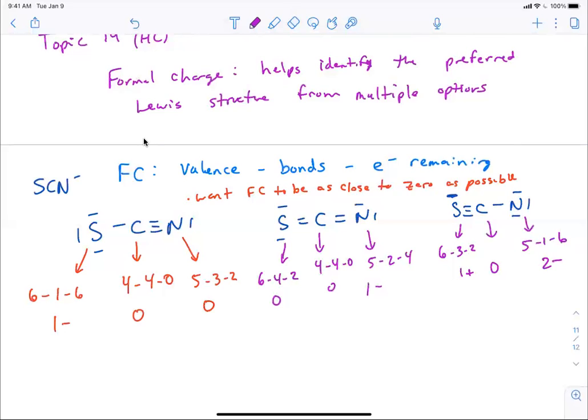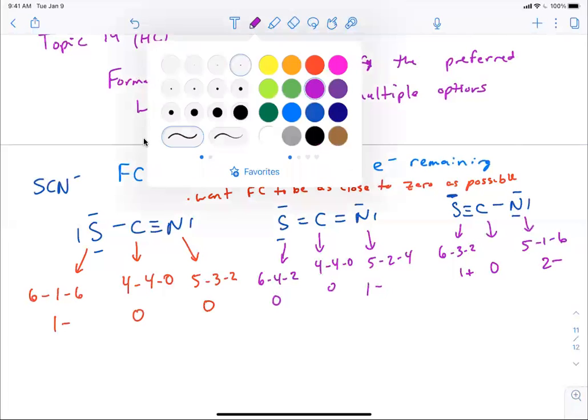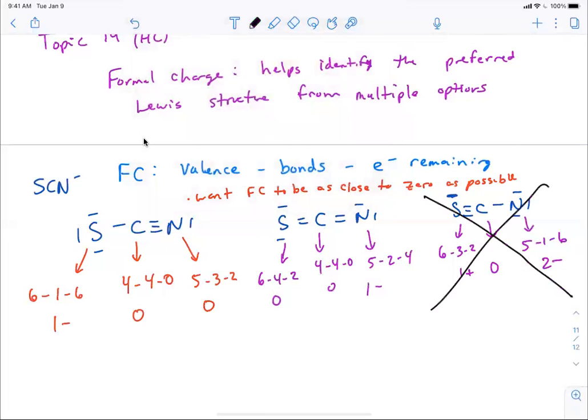So based on these 3 structures, you can eliminate one of these structures right away, which is the last one, because their formal charges aren't as close to 0 as possible. So that rules out that possible structure. Okay. Now here you have both structures have 2 zeros and 1 negative.